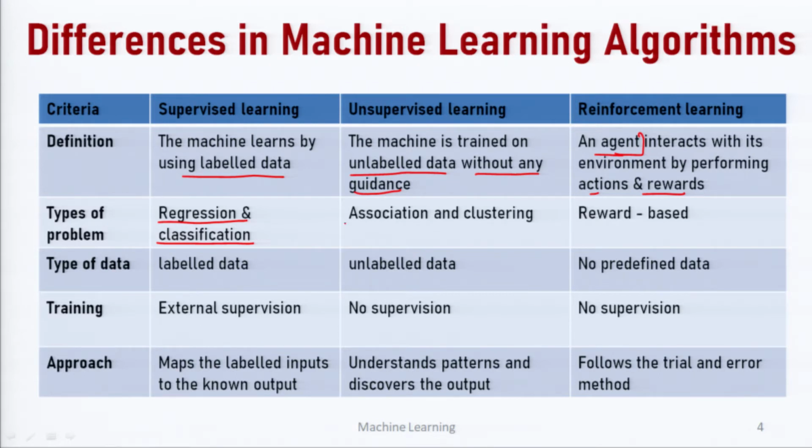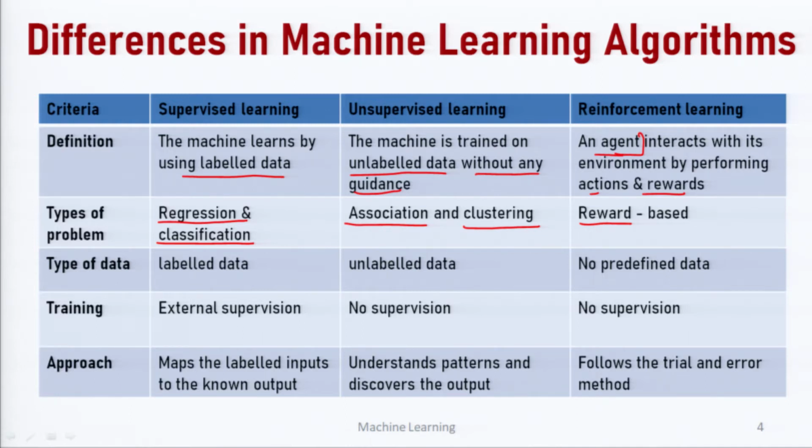And then association and clustering are unsupervised. For clustering, if we are given balloons of different colors, we need to cluster one kind together, like red clustering, green clustering. In those kinds of problems, this finds its application. Reinforcement learning moves ahead based on the reward.